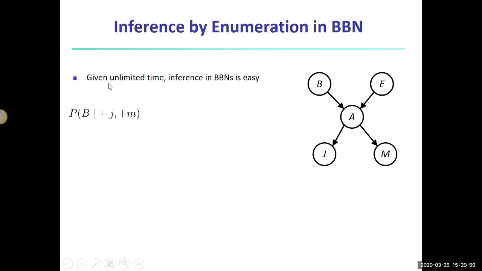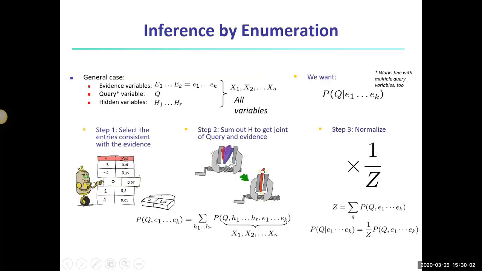So given unlimited resources, if we have a minute, we can go through this example. Given unlimited time, inference in a network is easy. We can just look at this as an example. Because the step, as we can see, really, we only need to do this. And the normalization is really very simple, just a sum and divided by how many we have.